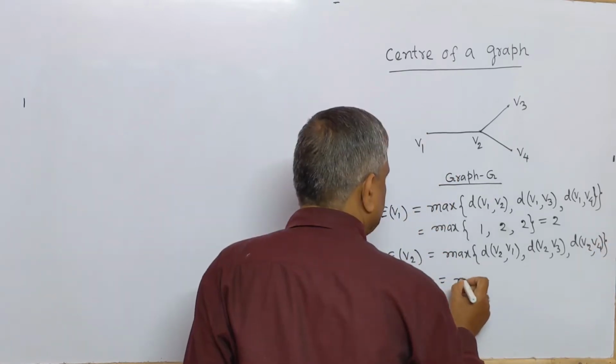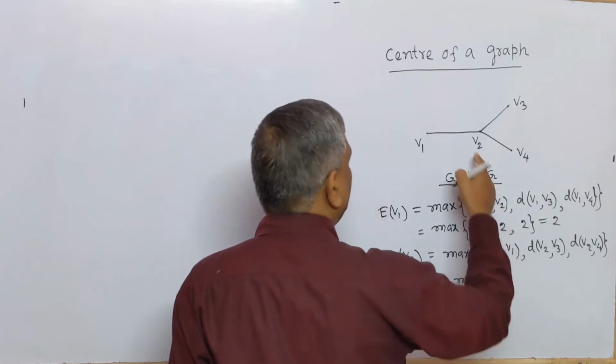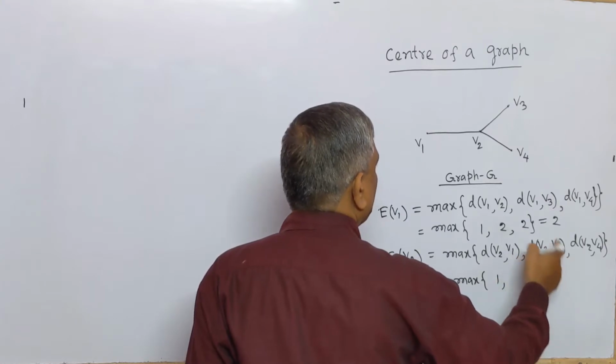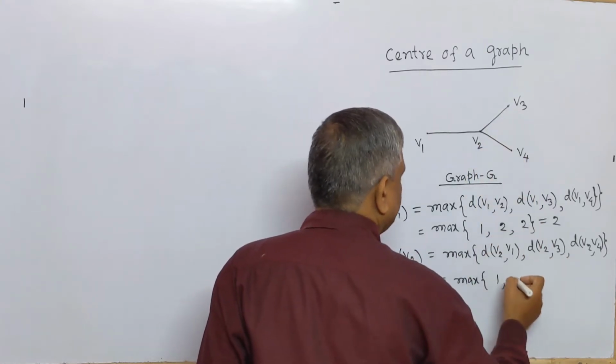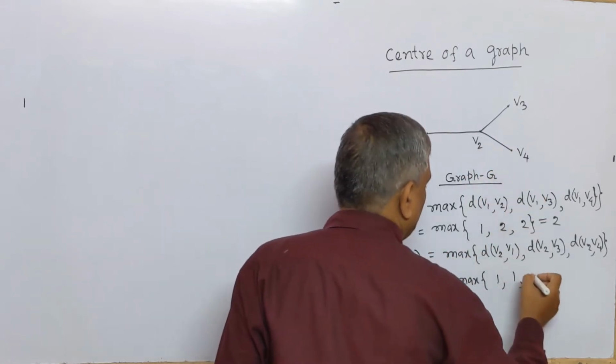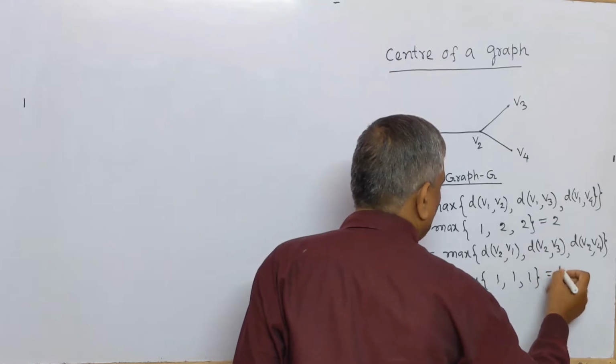This equal to maximum of d(V2, V1), one edge, 1, d(V2, V3), one edge, 1, d(V2, V4), one edge. So maximum will be 1.